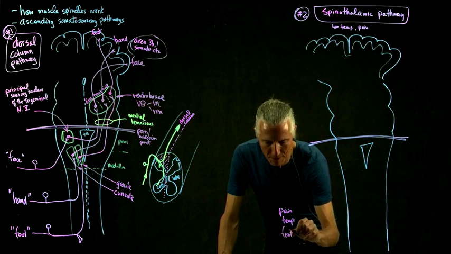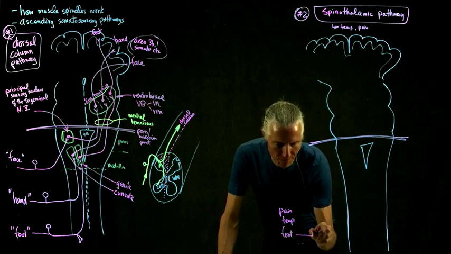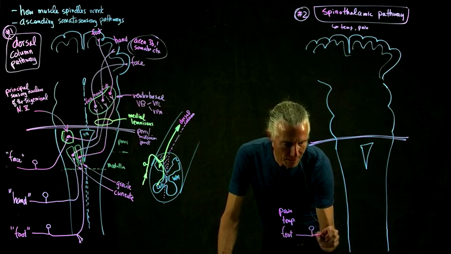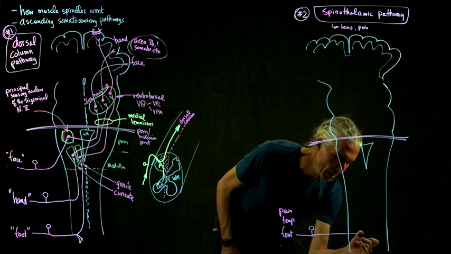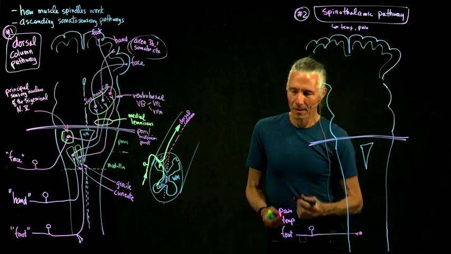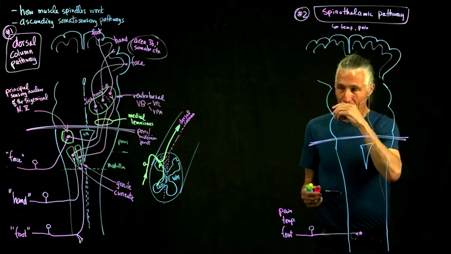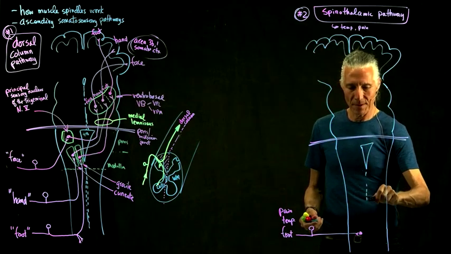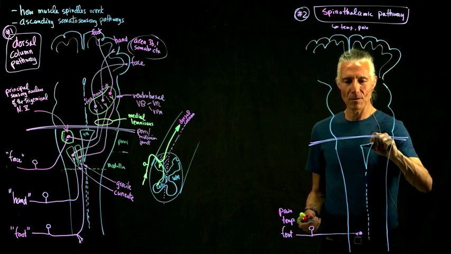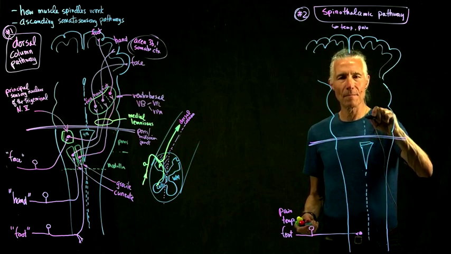There's hand too, but here's pain and temperature from the foot. And so that comes into the spinal cord, and it synapses on cells in the spinal cord. We know that there's a bunch of cells in the spinal cord, like in layer 2 of the spinal cord, that have pain and temperature signals in them.